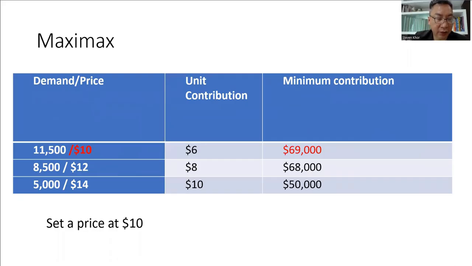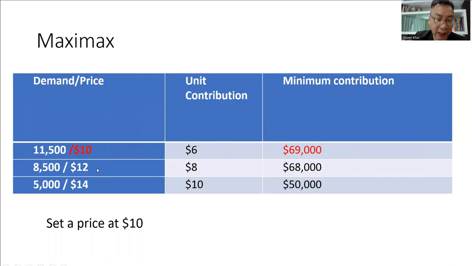Okay, so let's say you are choosing the Maximax rule here. Maximax means you try to maximize the return. Again, if you are setting $10 per unit, the contribution you get is 69.